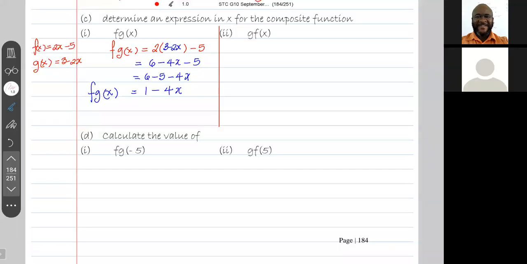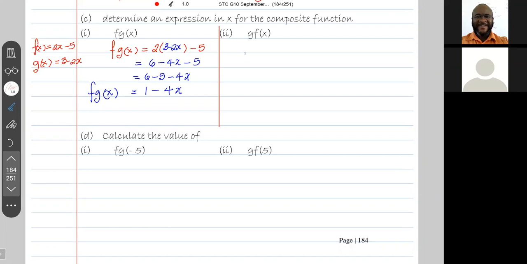All right, so next we're going to determine an expression in x for the composite function g of f of x. Remember, when you're forming a composite function, literally you're putting two functions together to make one. We take the function on the right and put it inside the function on the left.